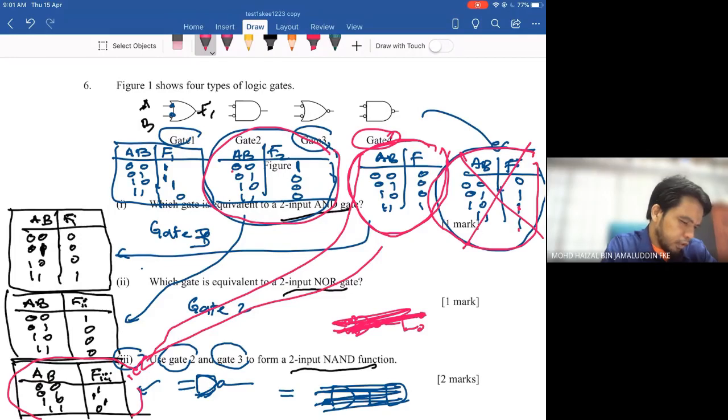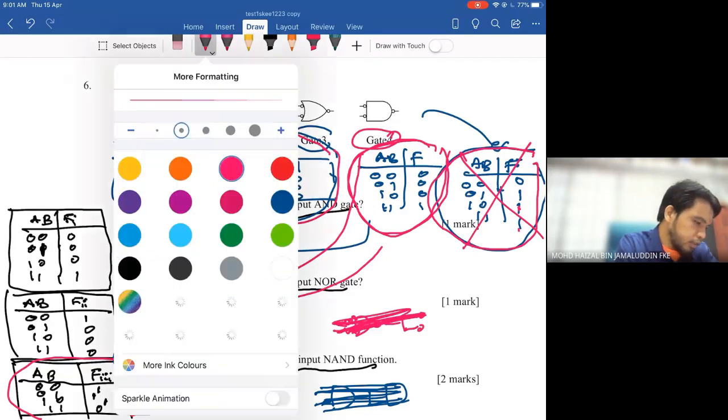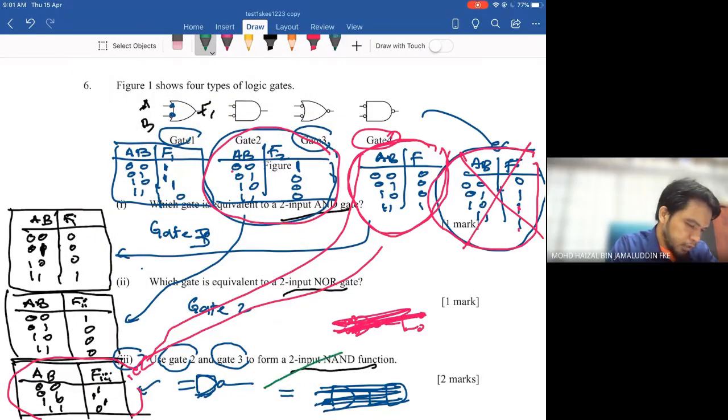So gate number 3 is 001. Then you just need to implement the gate. Okay. So actually you can represent this. No wonder I took long to think just now. Okay.